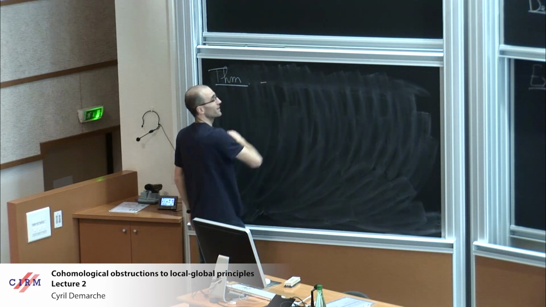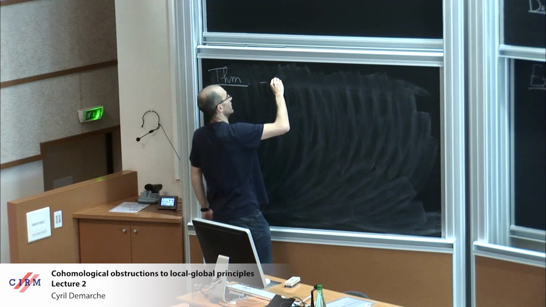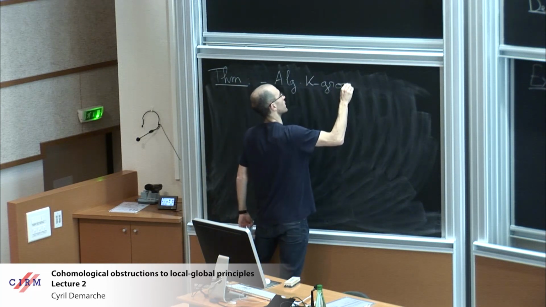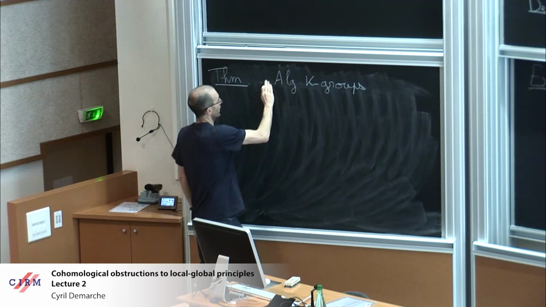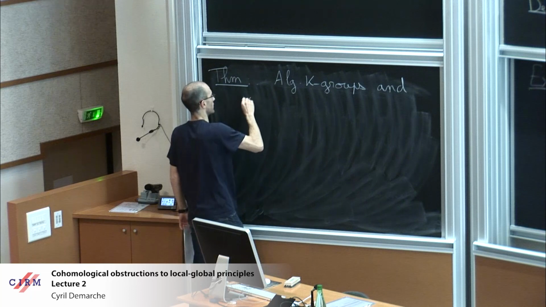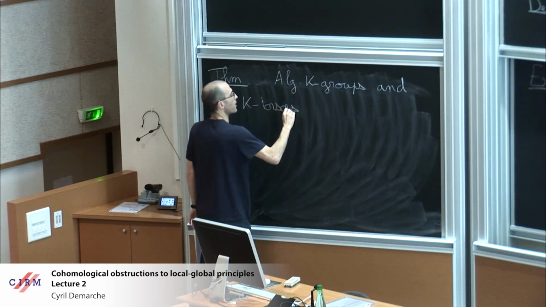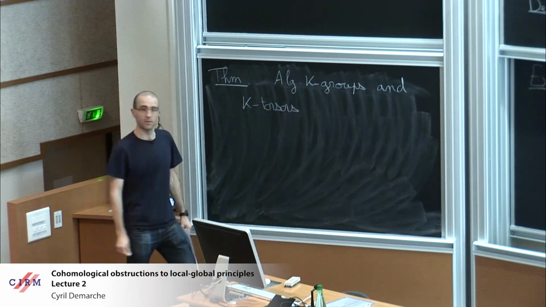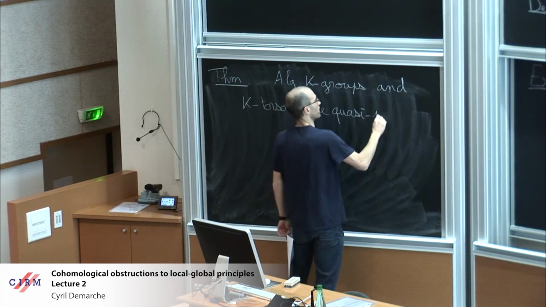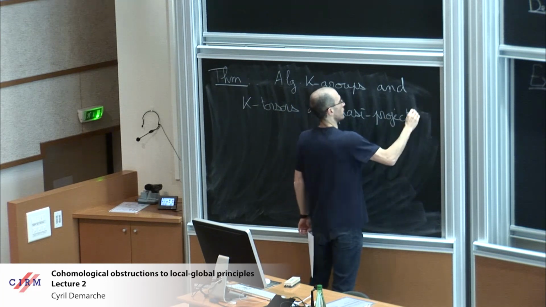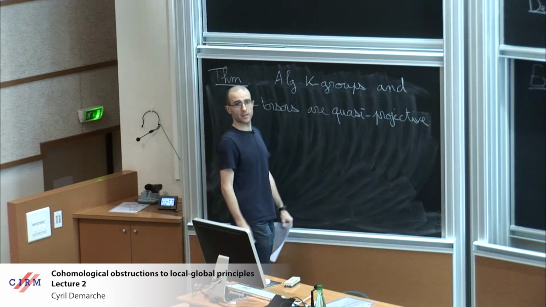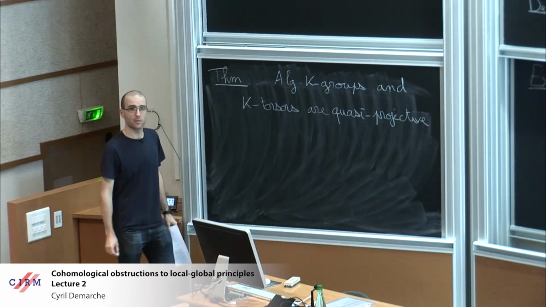First, algebraic K-groups and their K-torsors are quasi-projective varieties. Quasi-projective means they're isomorphic to an open subset of a projective variety.